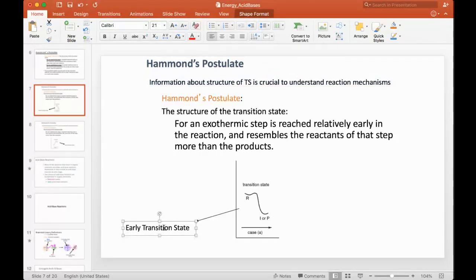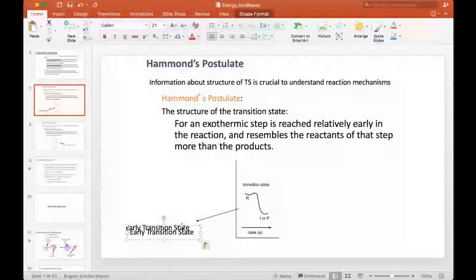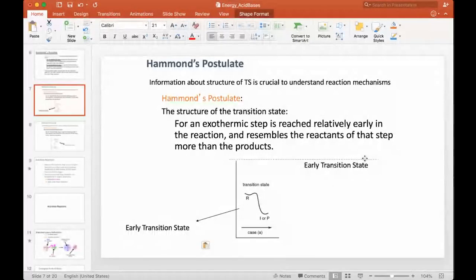So what's the connection of that with reaction mechanism? Okay, so I'm gonna write it over here, and this is the key.